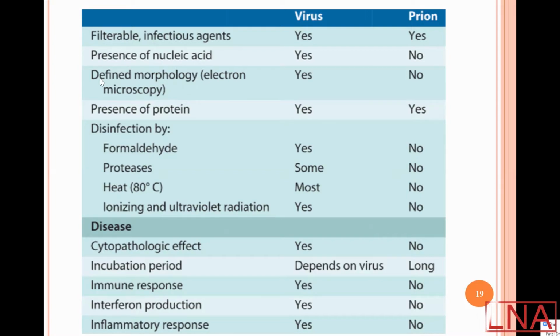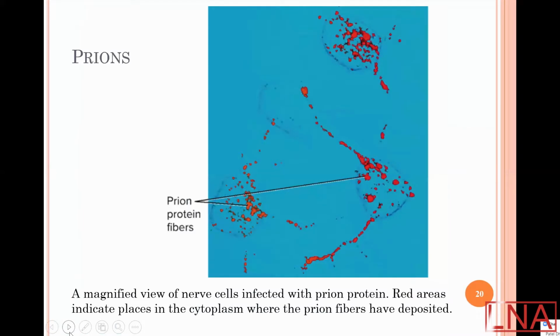So what does prion infection look like? On the cellular level, it can be seen under the microscope after a biopsy of nerves. In the picture, you can observe prion protein fibers in red.